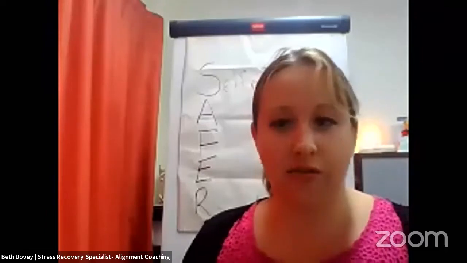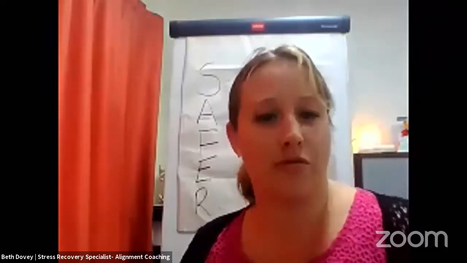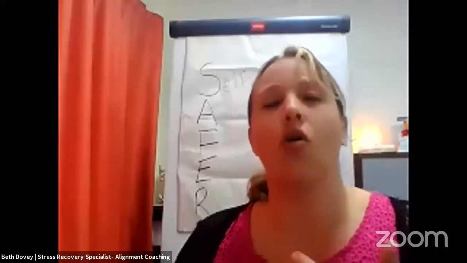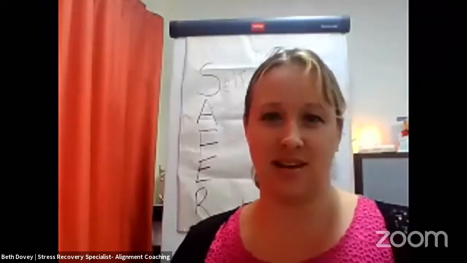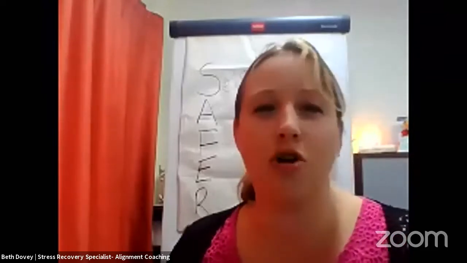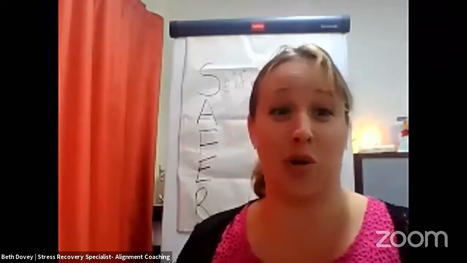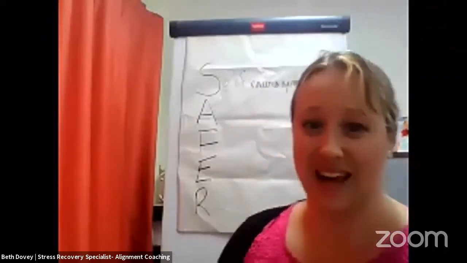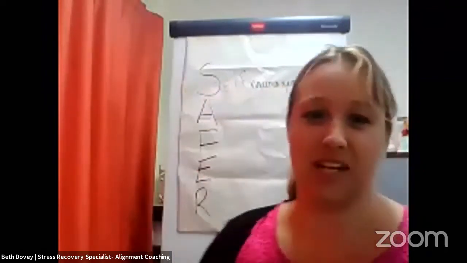So self-awareness first, for us to be able to move through and create change to transform our behavior, we need to first create awareness. If we're not aware of what our behavior is doing, we're not going to be able to know how to change it. So awareness, self-awareness is also key in that whole process of self-management.